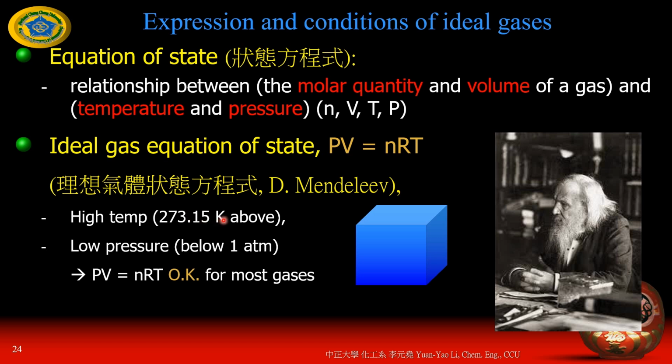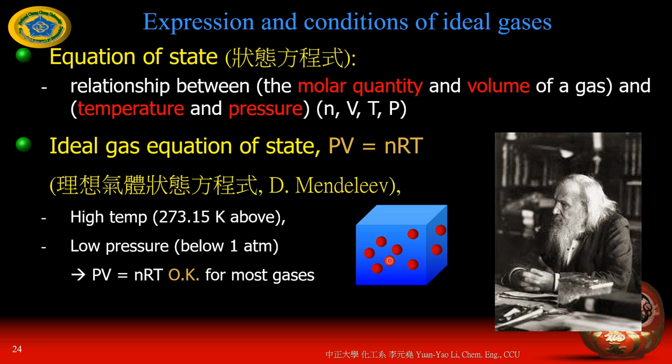And low pressure. Low pressure means you have not a lot of molecules inside. If you have more, the distance between each other becomes smaller, right? Then you tend to become liquid or solid. So less pressure means fewer molecules in this system.